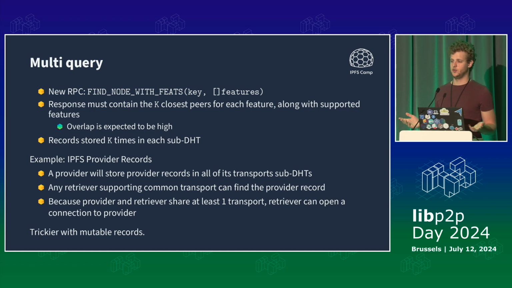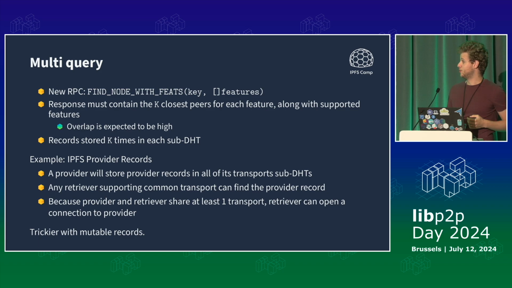I can argue that I don't care about writing provider records on a transport that I don't support, because the node that finds this provider record will not be able to open a connection to me if we don't share a common transport.